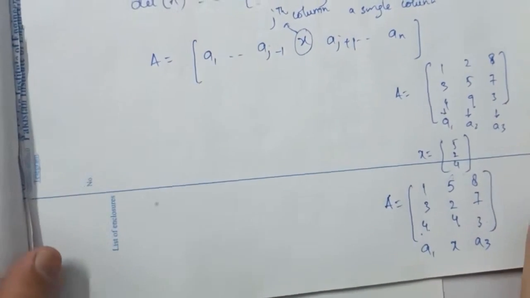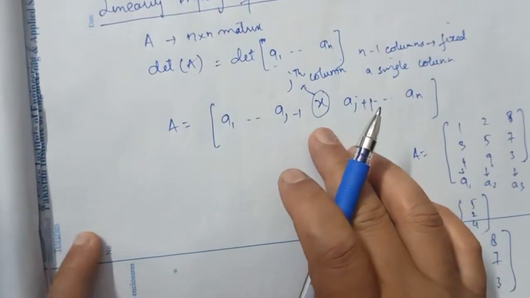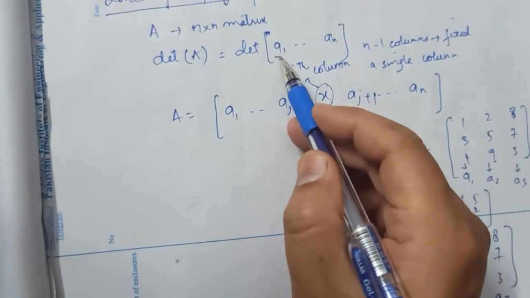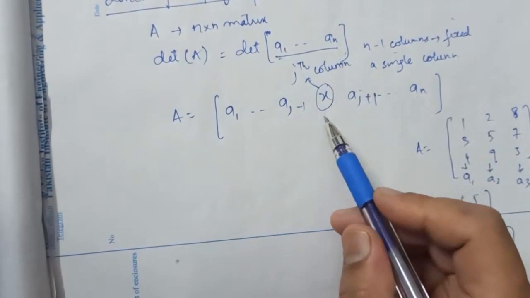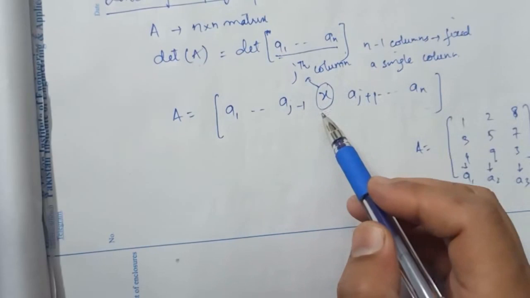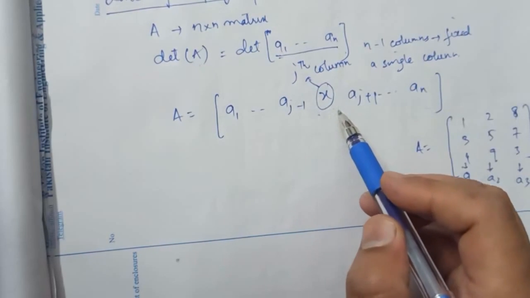Now the determinant becomes a function of x. The previous determinant had a certain value, but once I replace one of the columns with x, the determinant will effectively change.